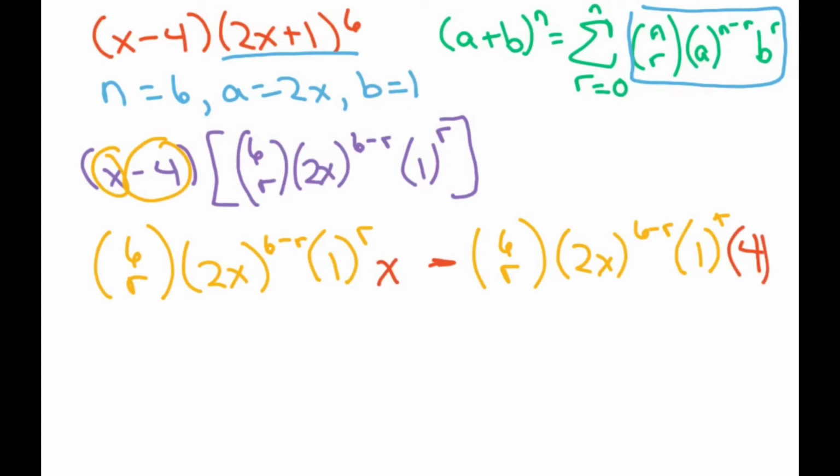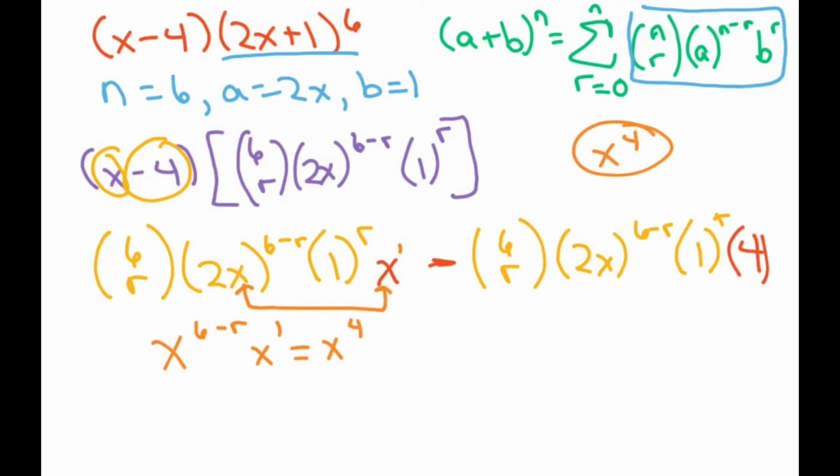Now we got to find r for each piece. So to find r, I look at my x's first, because we want it to be x to the 4th power. So I'm going to just take the x's and solve for r. We can set it to x to the 4th. On this one, we just have the 1x.